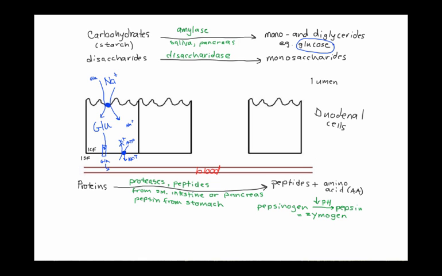Okay, how do we absorb amino acids? So let's look at this cell here. Again, we have to have the sodium potassium ATPase making a gradient for us, a sodium gradient. So this is the same one we had over in our glucose cell.